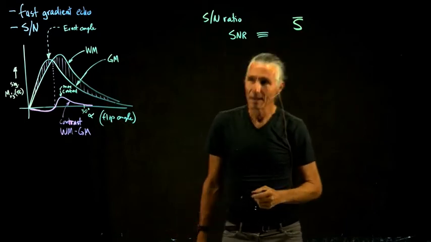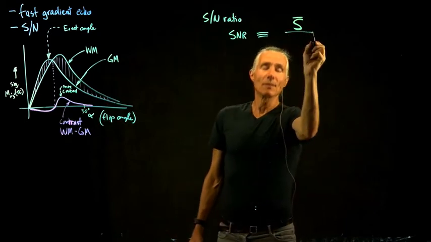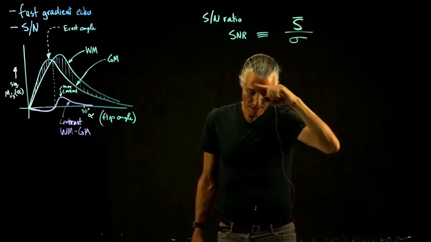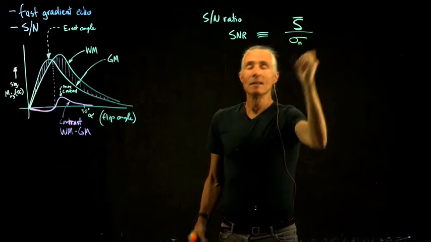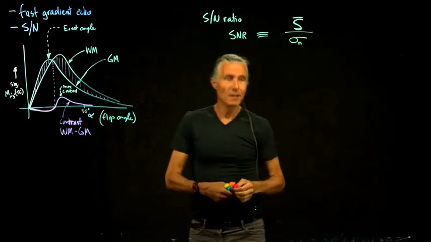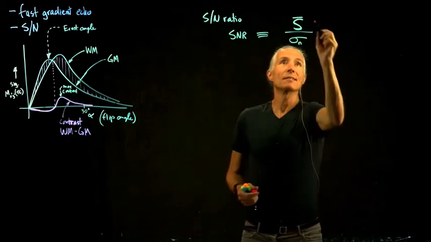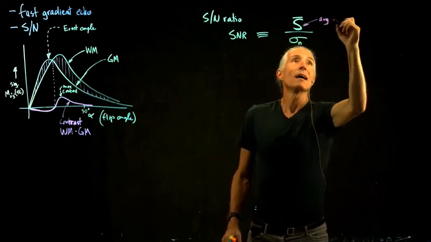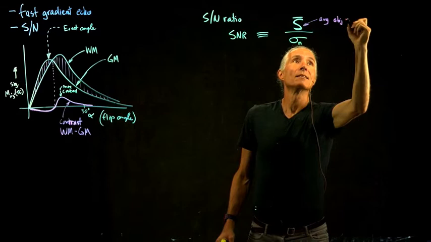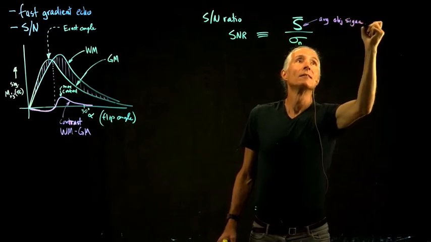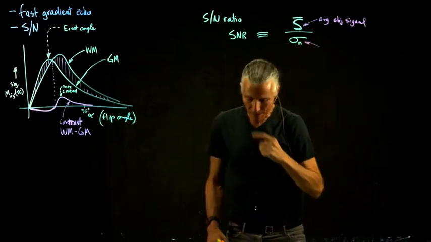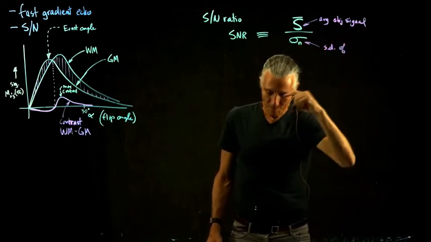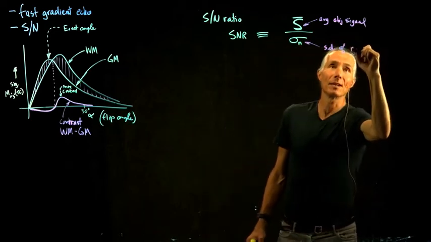So this is the average signal over the standard deviation of something that's not an object. So this is the average object signal, and this is the standard deviation of some non-object.